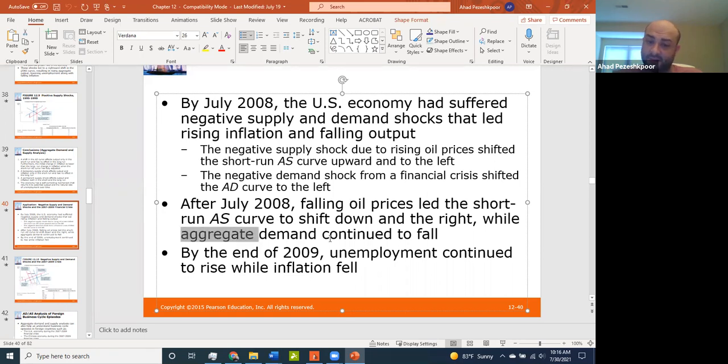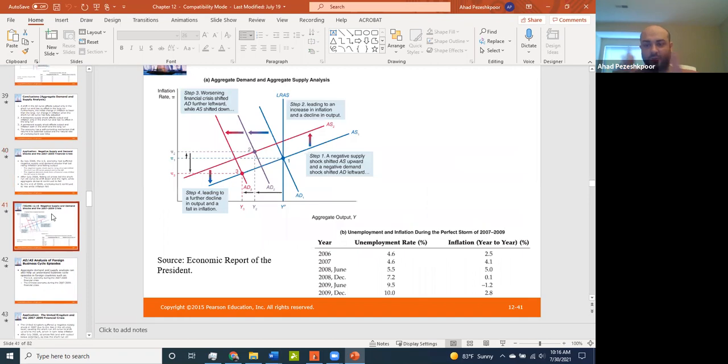But then aggregate demand continued to fall because of the Great Recession and loss of consumer confidence. By the end of 2009, unemployment continued to rise while inflation fell. So at least we no longer had stagflation. We had just a normal recession.